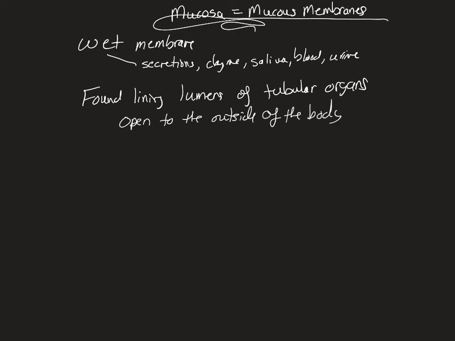Okay? Everywhere you find that, I want you to take some red ink and I want you to cross it out and say false. Not all mucous membranes open up to the outside of the body.